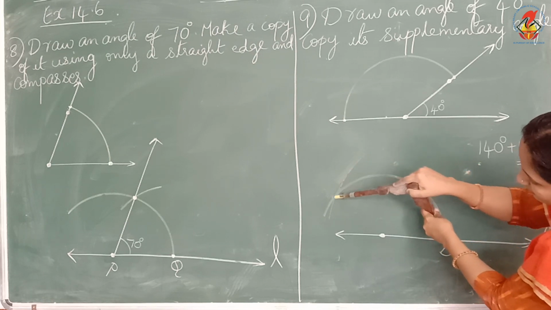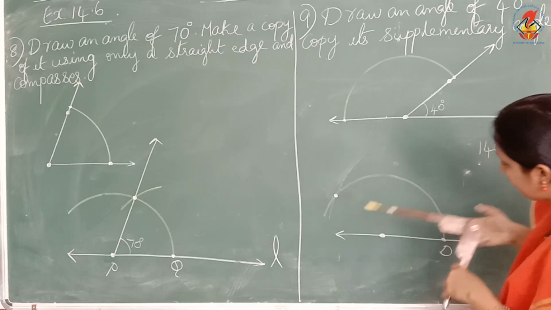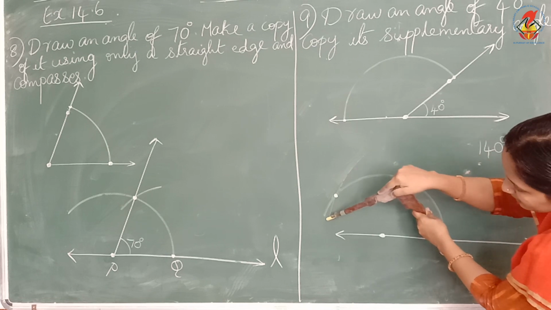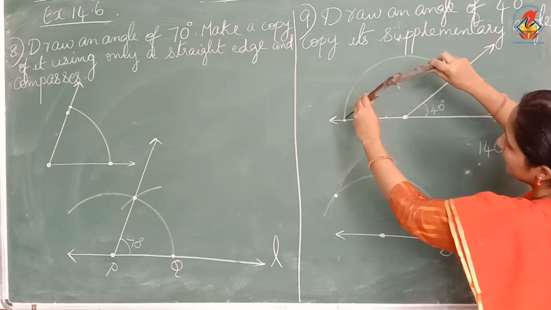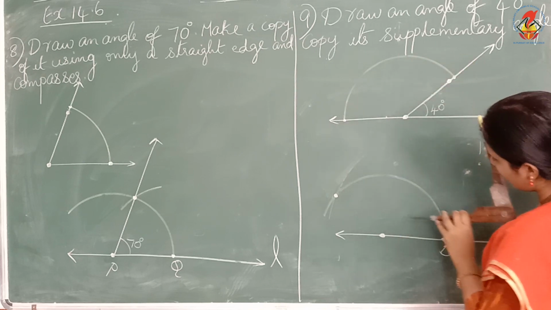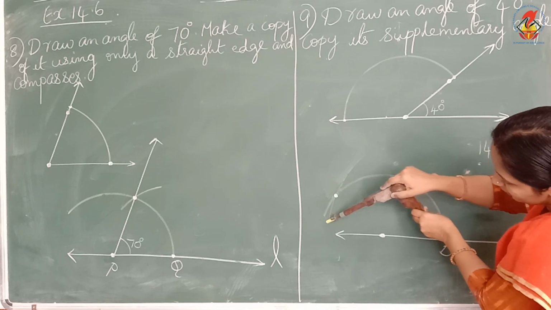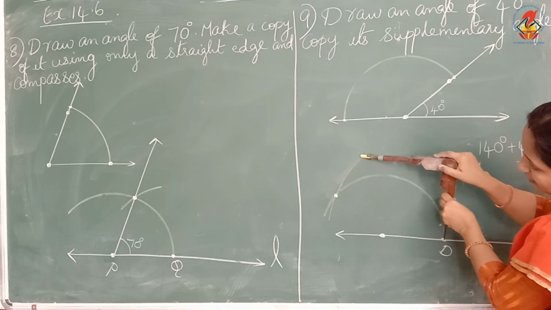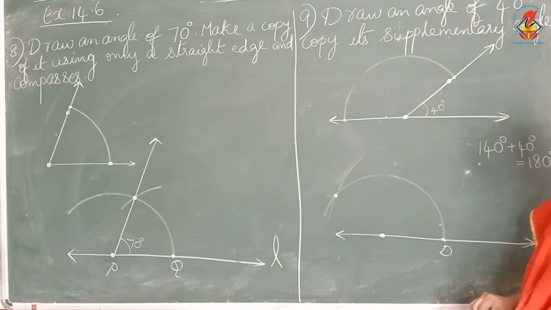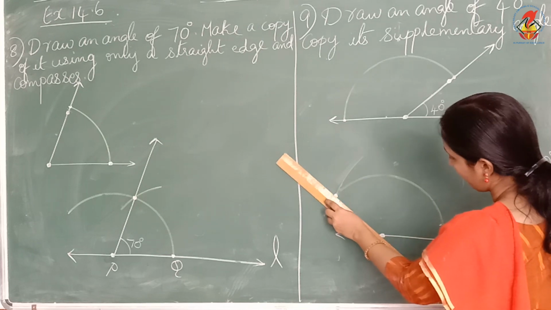Okay, and mark the intersecting point. Without changing the compass measure, this arc length, I am telling, draw one arc in the previous arc and mark the intersecting point, and by using your ruler you just draw a straight line.